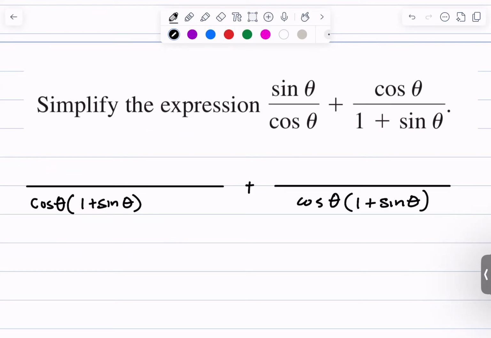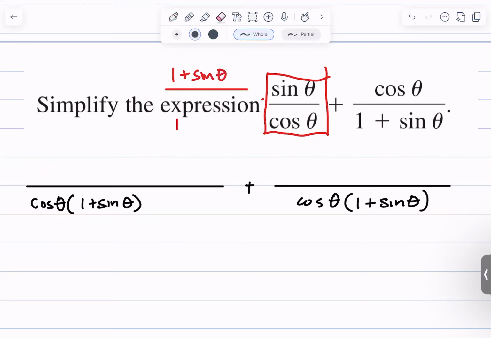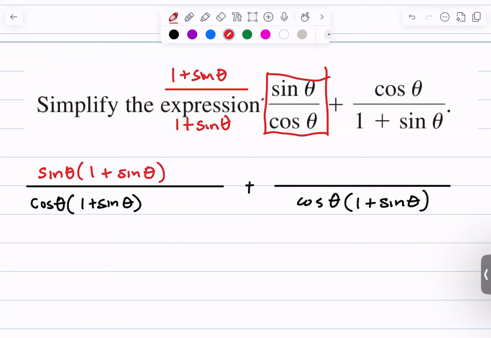Okay, so in this first fraction, sine over cosine, I need to multiply both top and bottom by 1 plus sine. Right? So I would have sine theta times 1 plus sine theta.